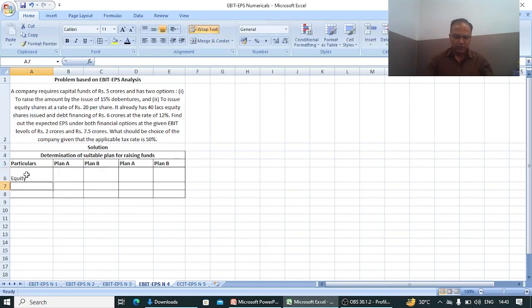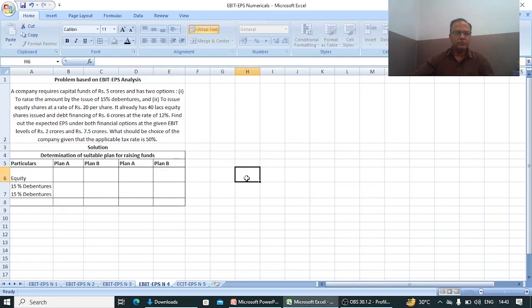Equity and 15% debentures. 5 crore debenture.